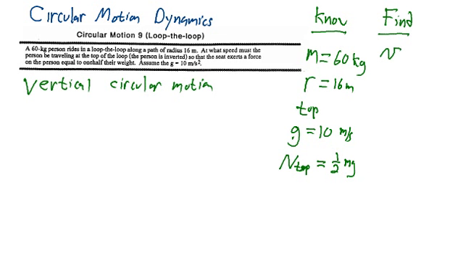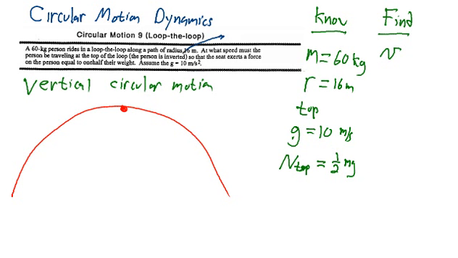Alright, so let's draw a diagram of the top part of the loop-de-loop, and put the person on it so we can figure out the forces that act. So we'll put the person up at the top. Alright, so it says in this situation that the person is inverted.